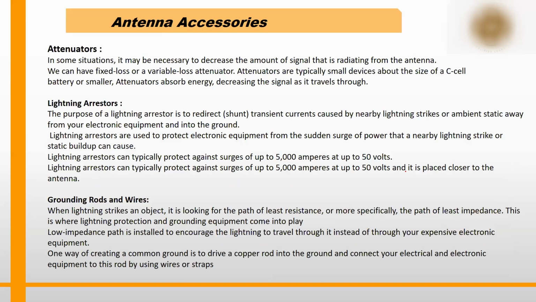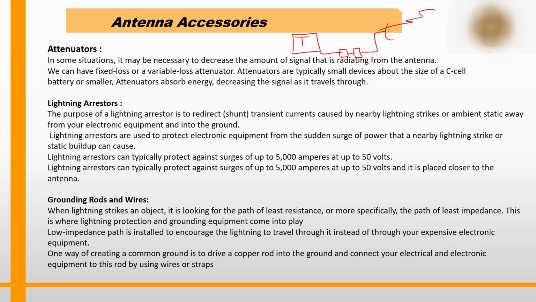Then we have attenuators, which are used to lower the energy, mostly at the receiver side. Lightning arresters, grounding rods and wires. Lightning arresters are used to protect the transmitter, which is more costly. So you have the antenna cables, attenuators, and amplifiers, and then the antenna.